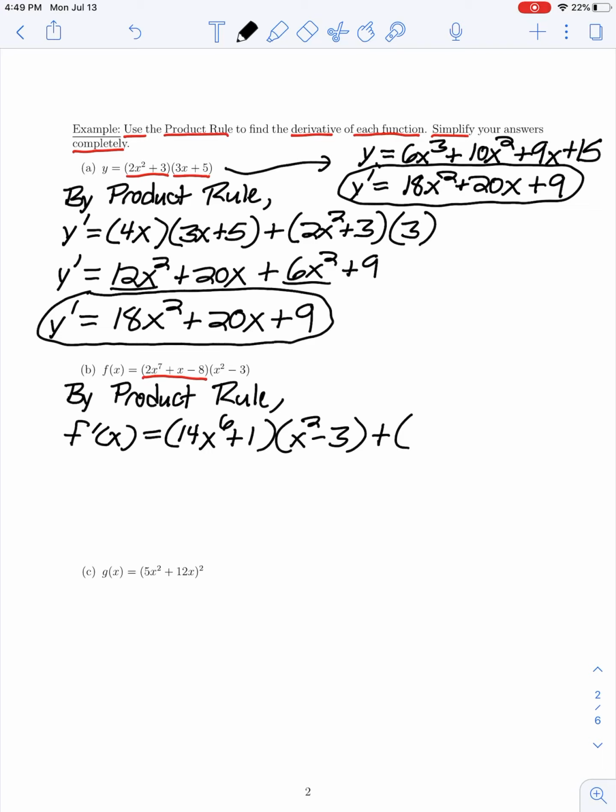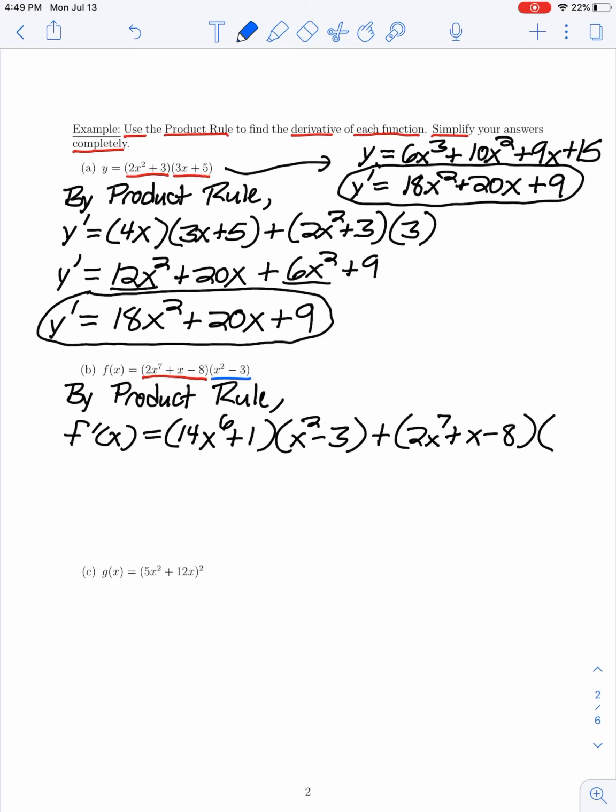Then we add the product of the first function, which was 2x to the 7th plus x minus 8 times the derivative of our second function in the product.